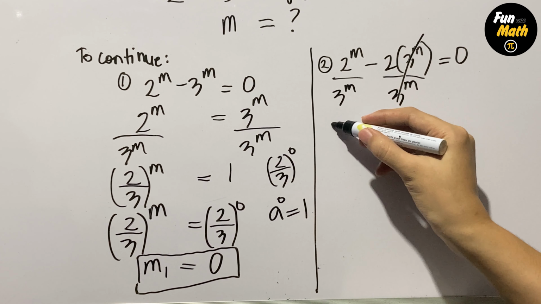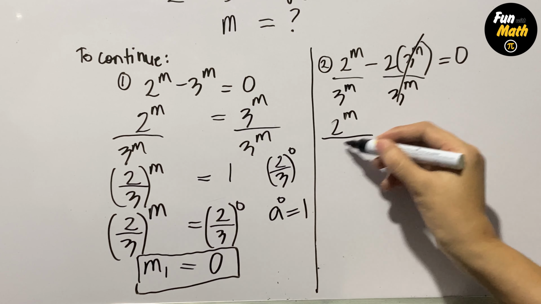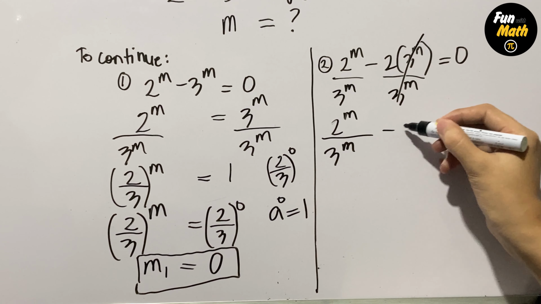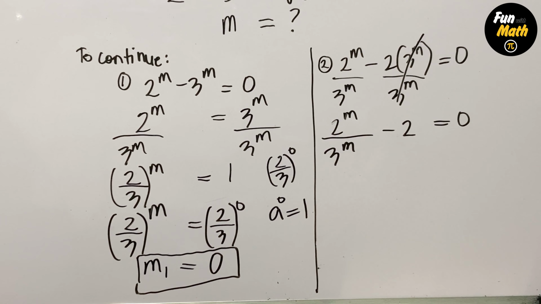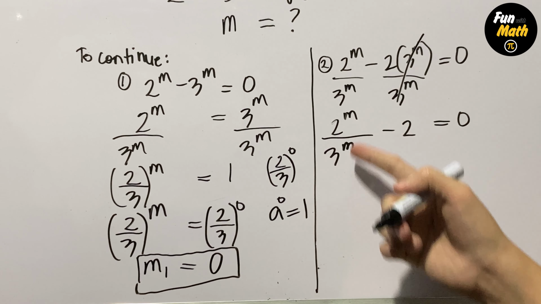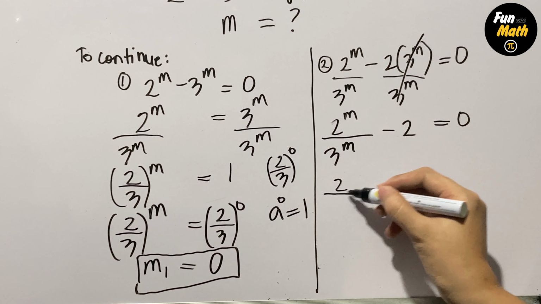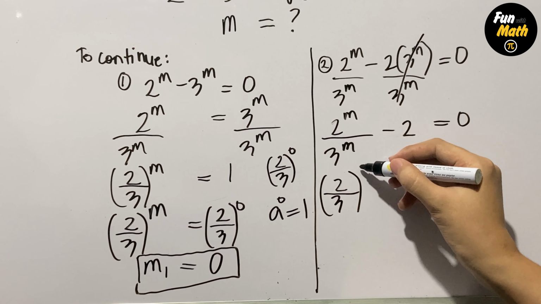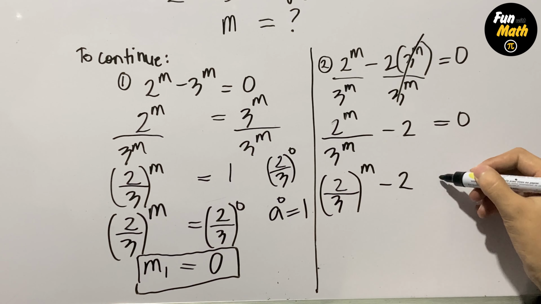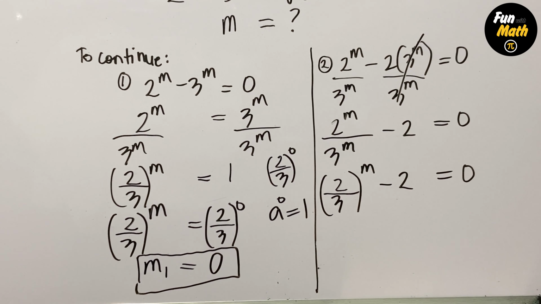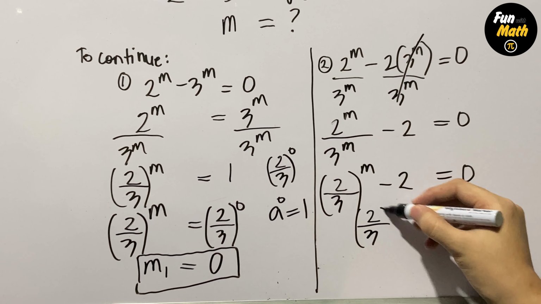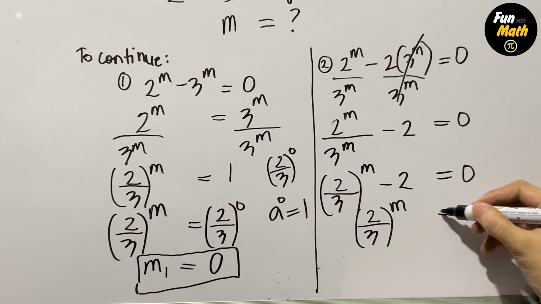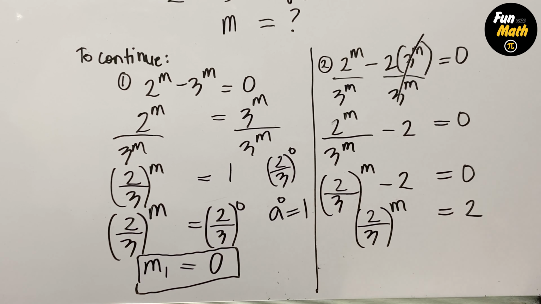So we have 2 to the power of m over 3 to the power of m minus 2 equals 0. Now for this, we can write it as (2 over 3) whole to the power of m minus 2 equals 0. And then let's take 2 to the other side. So that is (2 over 3) whole to the power of m is equal to 2.